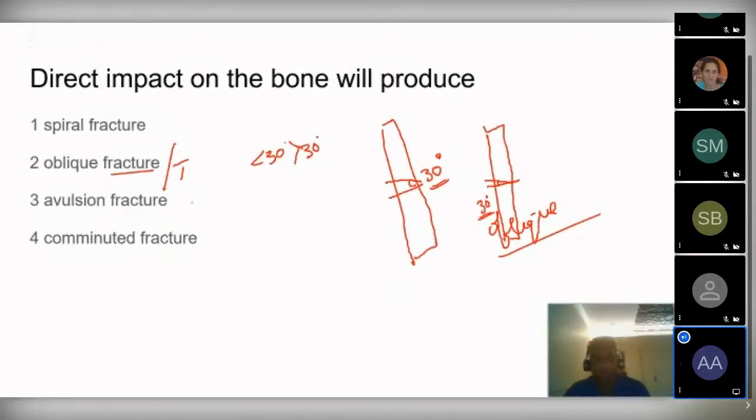Okay. Comminuted fracture. Suppose you are lying down on the road, run over by a vehicle, or somebody in a violent mob crushes a heavy boulder on your leg. So these are direct fractures that can really cause a comminuted fracture.